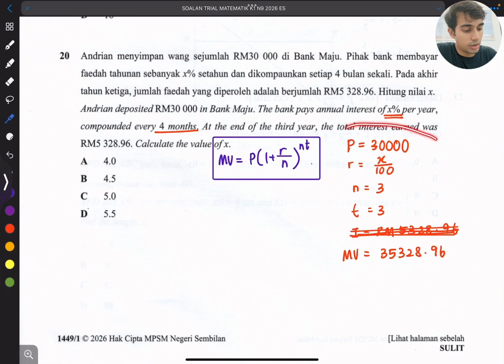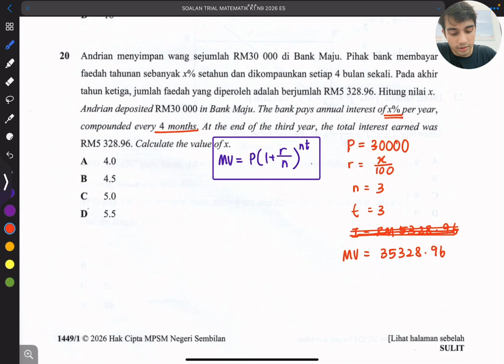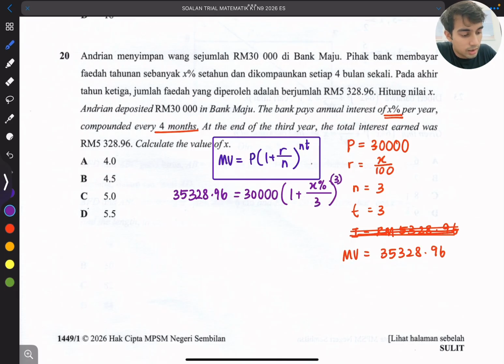Right, now we put all these values into the formula. We need to find x. They ask us to calculate x. So matured value is 35,328.96. Principal is 30,000. Interest rate is x percent. n is 3 times t.